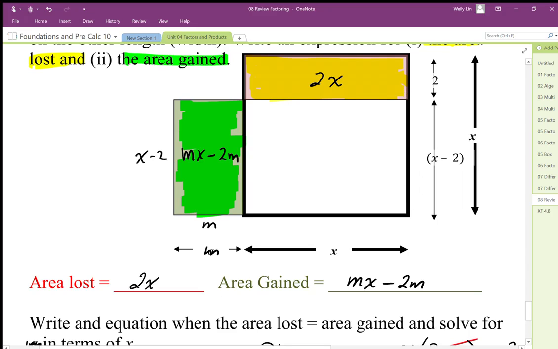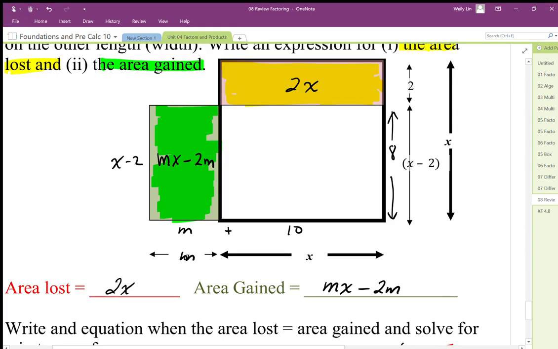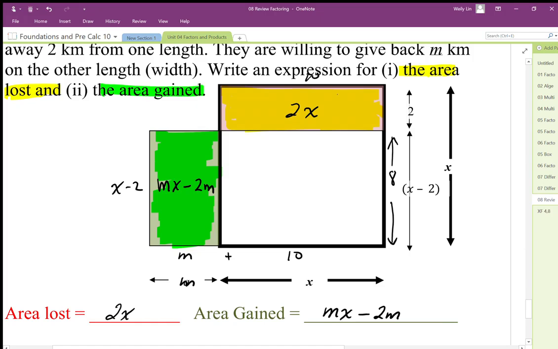So this is going to be 8 along here. And this is going to be x plus m, so it's going to be 10 plus m. And this, since we know what x is, is going to be 10 times 2, which is 20.